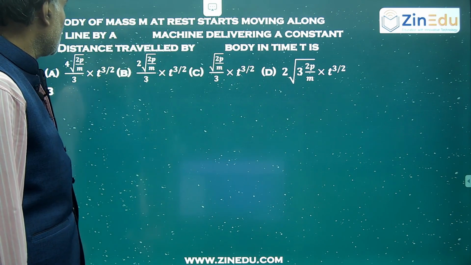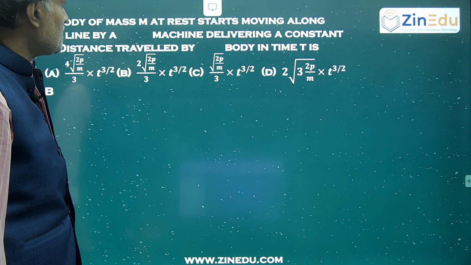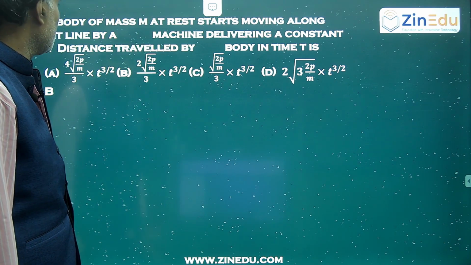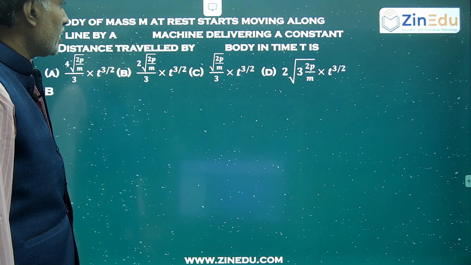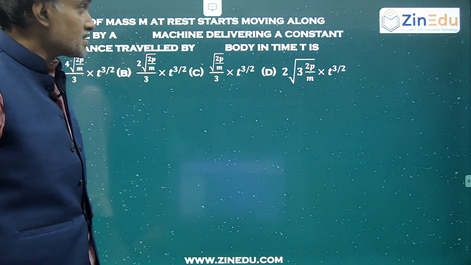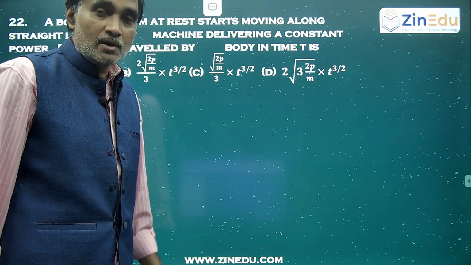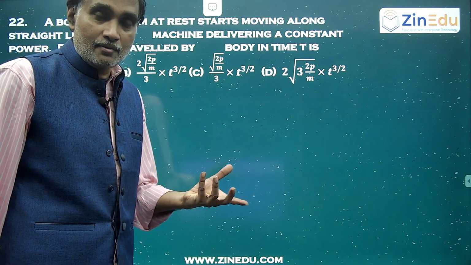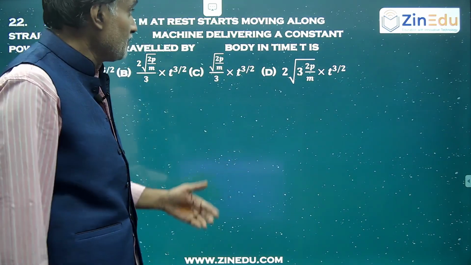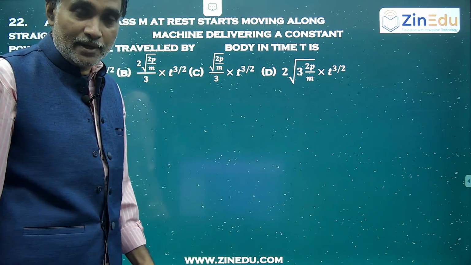Second question. A body of mass m at rest starts moving along a straight line by developing constant power p. Find the distance travelled by the body in time t. Power is constant. Then what is power? Work done by time taken. Work done is the change in kinetic energy. Initial velocity is 0. Let the final velocity be v after time t.